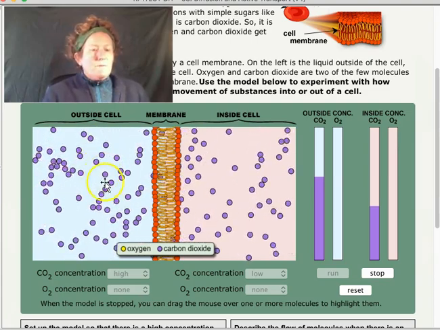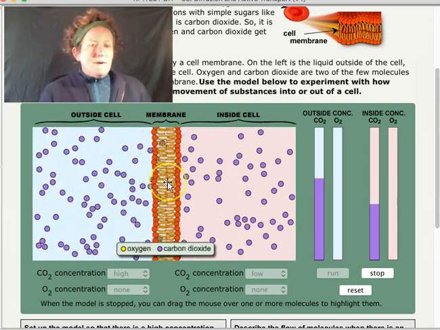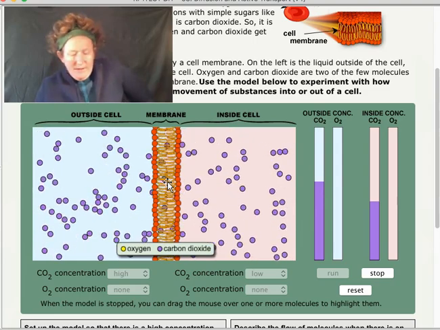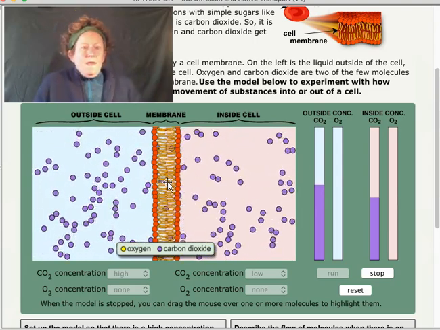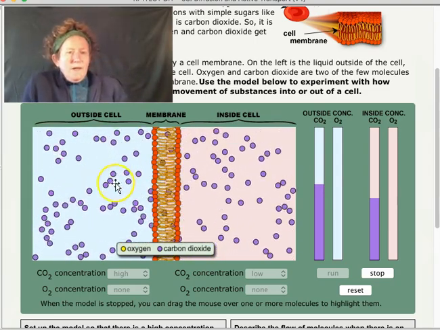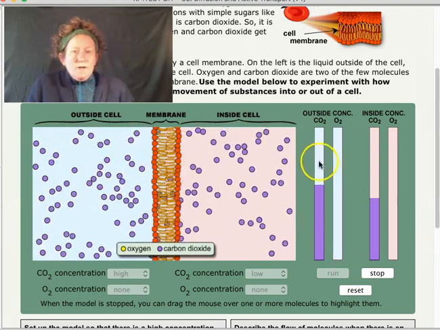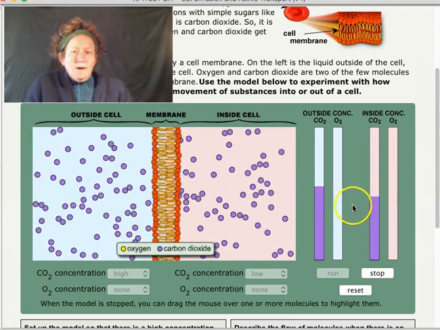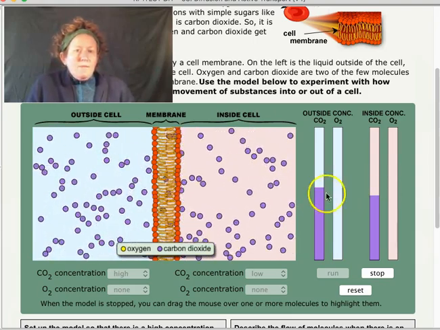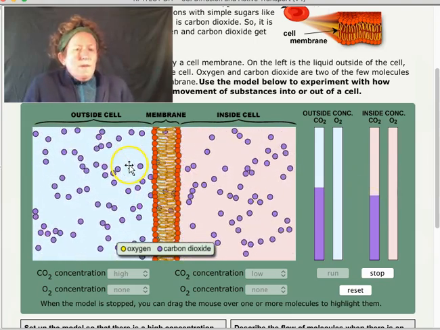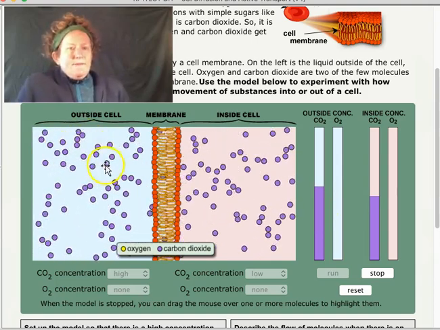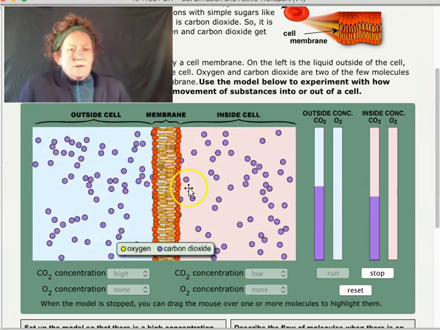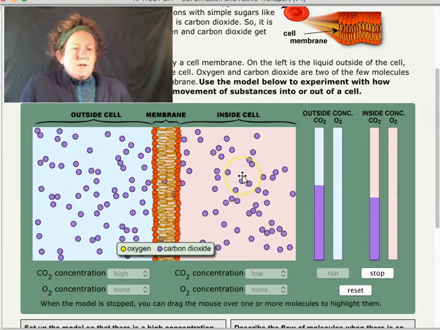These molecules are going to move around, and some of them are going to cross the cell membrane that we have here. And you can notice in the beginning we had a high concentration over here. This bar was up here, and we had a low concentration over here, but now they're more even. So the molecules move from an area of high concentration to an area of low concentration.